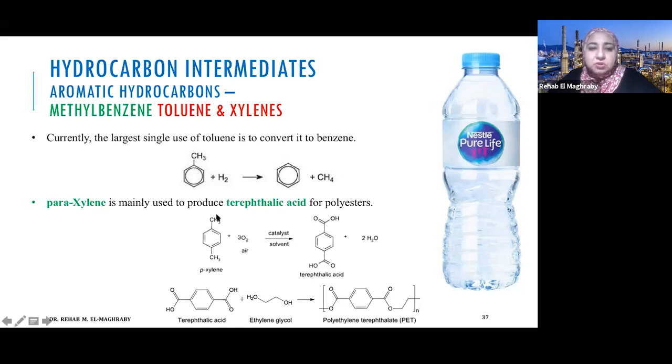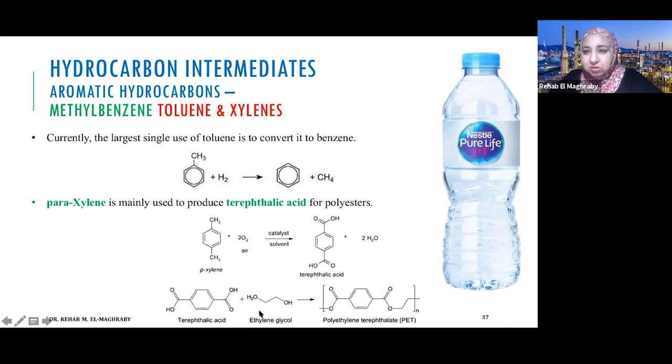Okay, it is used to produce terephthalic acid, which is one of the bases for polyethylene terephthalate, the plastic bottle. Your plastic bottles are produced from paraxylene here, okay, to produce terephthalic acid, and this terephthalic acid reacts with ethylene glycol.